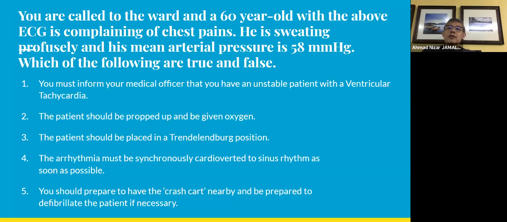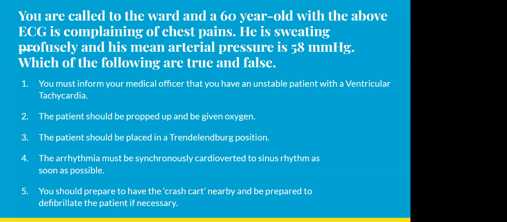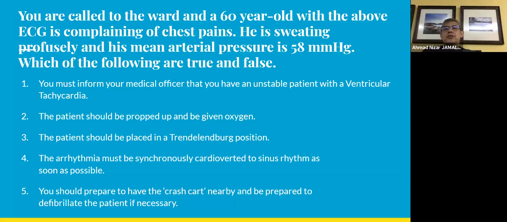You can't cardiovert them if the patient is propped up. So if the patient suddenly turns into VF, there is also a problem. So you should put the patient in a Trendelenburg position so that they get better perfused. Cerebral perfusion is better, right? And the third statement is true.